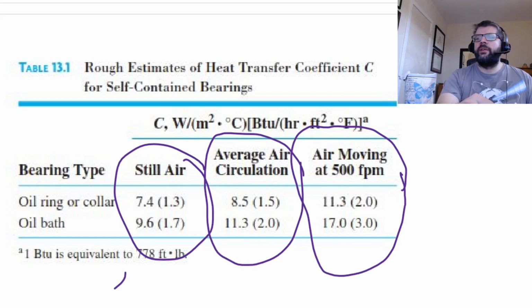So that is what we can use to estimate our heat generation or our heat loss, and kind of narrow down what our temperature is expected to get in those bearings.